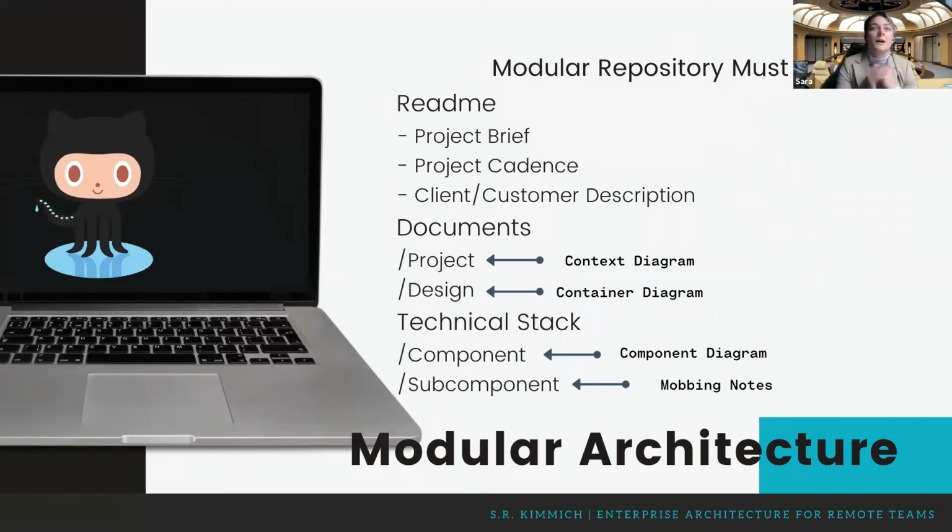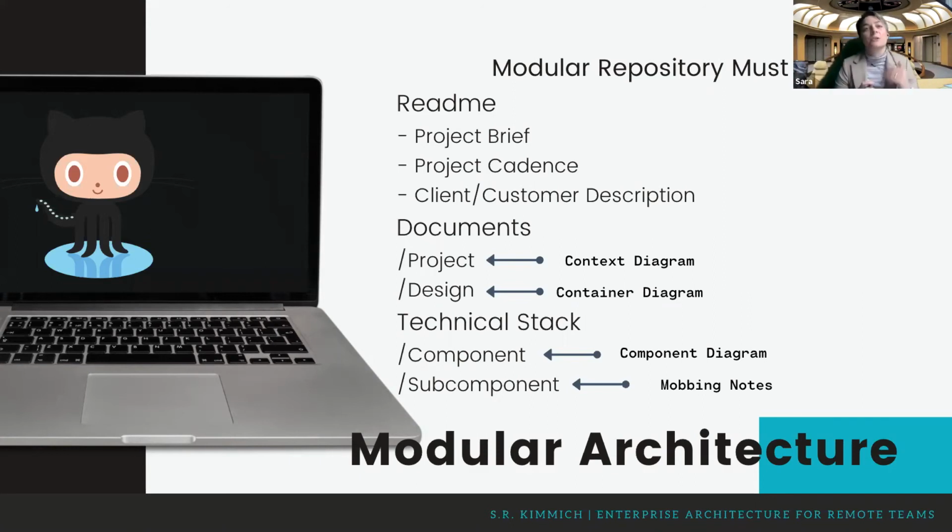I insist that if you're trying to work in this way, you should have a modular repository with a README document that gives you the basic information, and then, as has been suggested for decades, keep your business documentation or business logic as separate from your technical stack as possible.